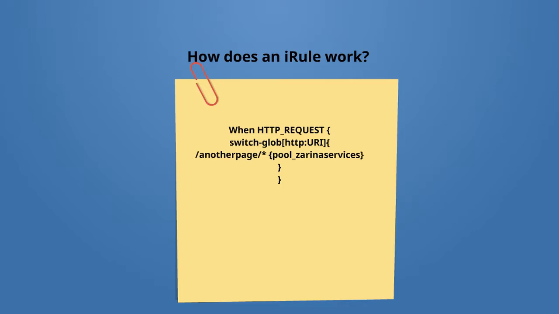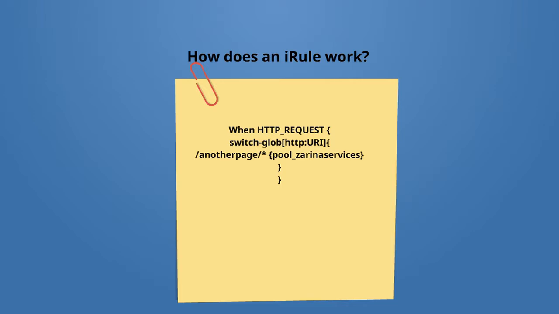Now, the first statement is straightforward. When HTTP_request. This means when the client initiates an HTTP request, it will then go onto the second line. Now, the second line, as you can see, has in brackets HTTP URI, and this is a variable that's passed in.